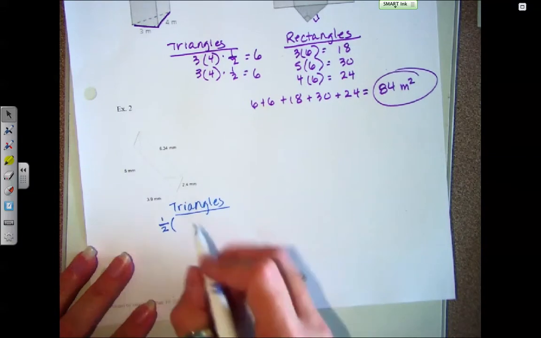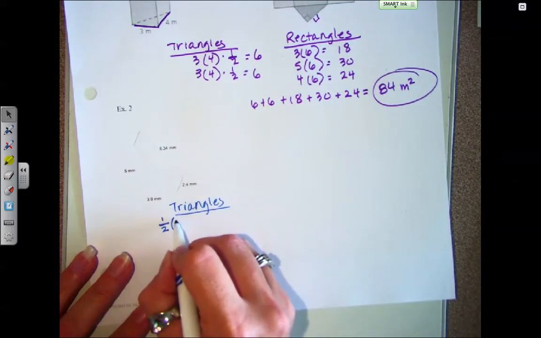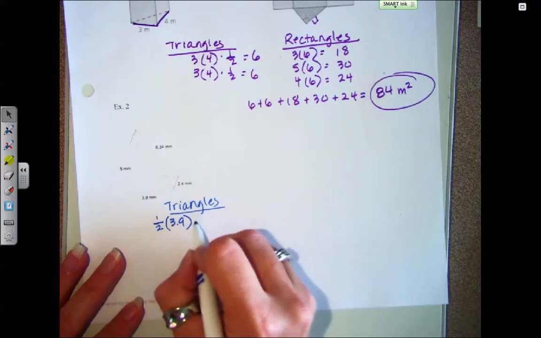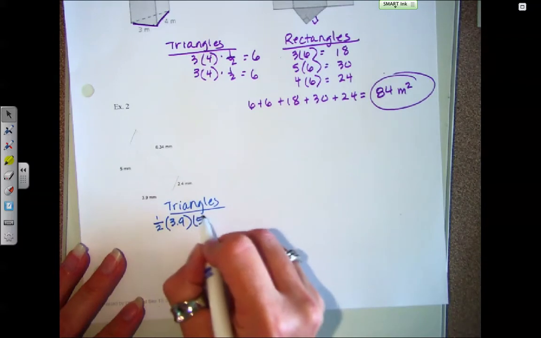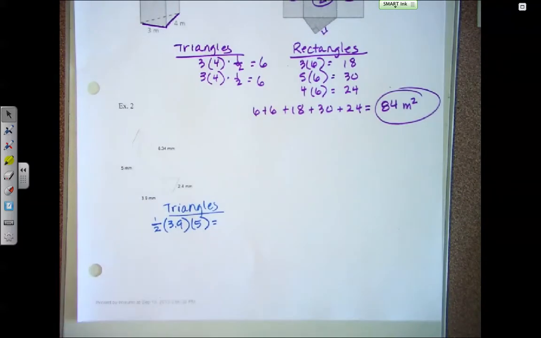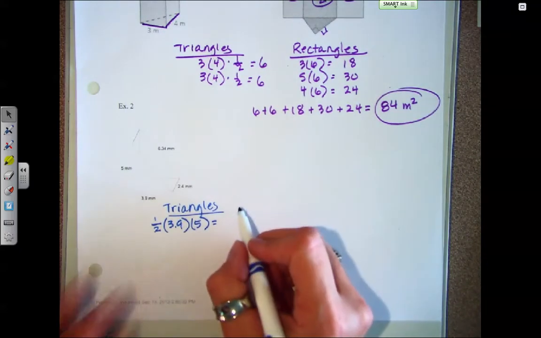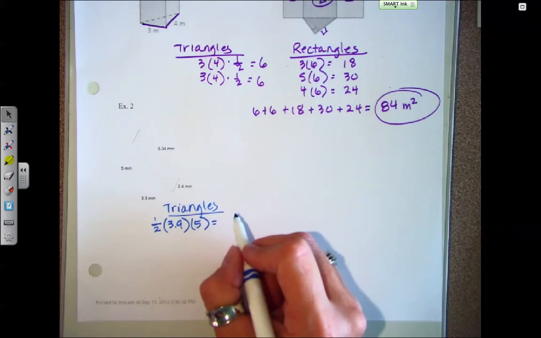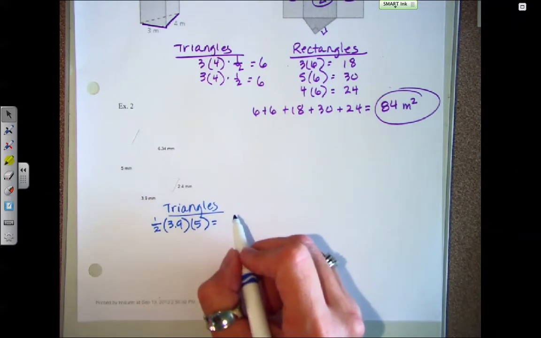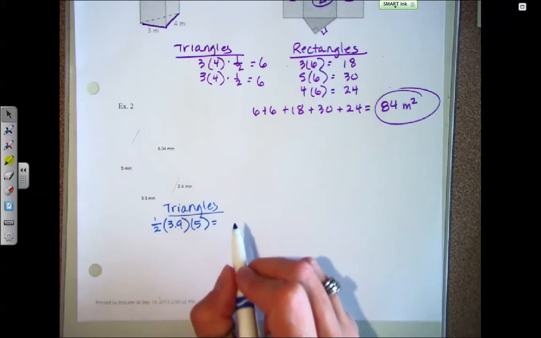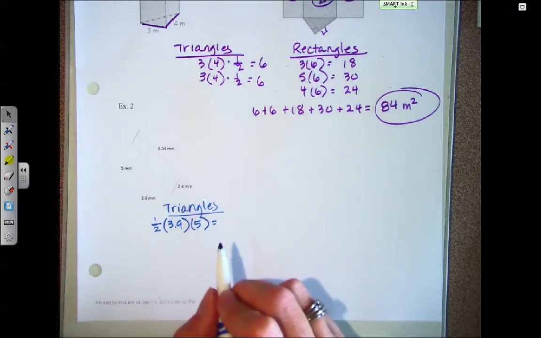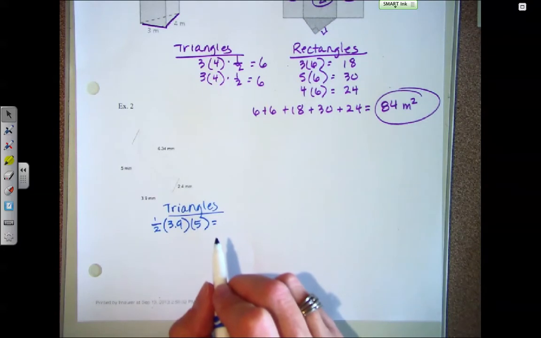All right, my triangle. What is my base? 5. And my height? 5 millimeters. So 1/2 times 3.9 times 5 gives us? Would you do 0.5 times?